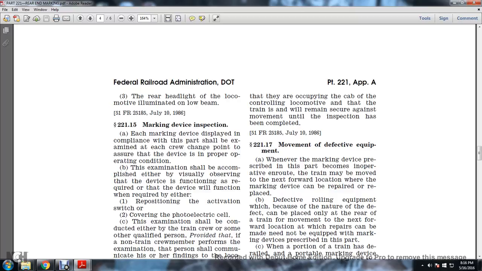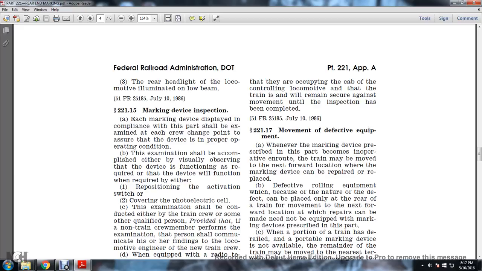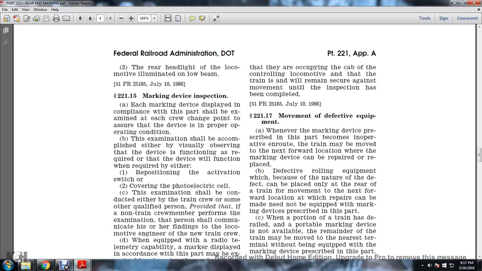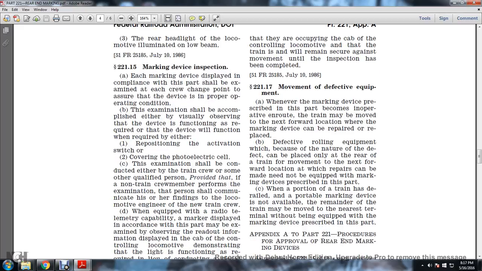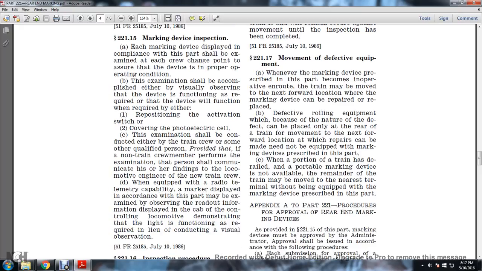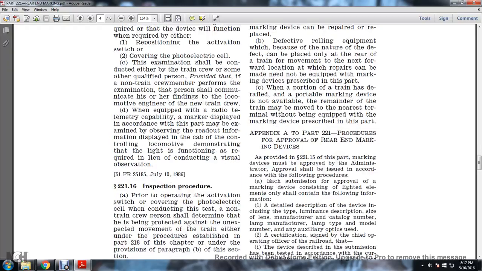The examination shall be conducted by either the train crew or some other qualified person, provided that if a non-train crew member performs the examination, the person shall communicate his or her findings to the locomotive engineer of the train. When equipped with radio telemetry capability, the marking device displayed in accordance with this part may be examined by observing the recorded readout confirmation displayed in the cab or on the control of the locomotive, demonstrating the marking light function as required in lieu of a visual inspection.